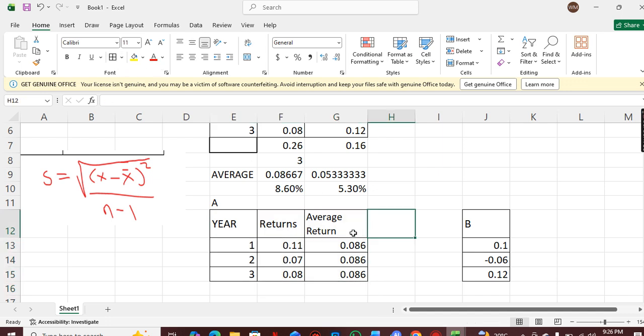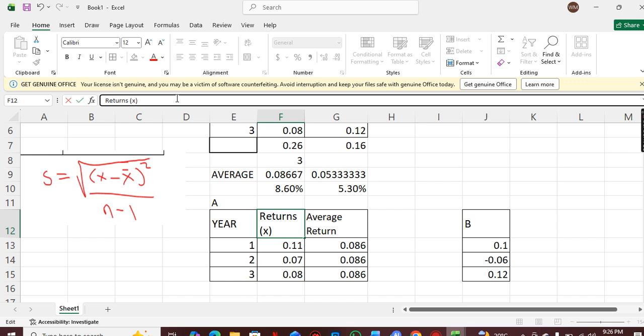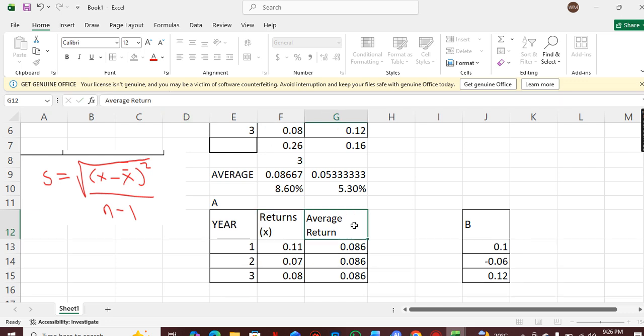When you're subtracting each individual return by the average, that's what your deviations are, this x minus x bar.